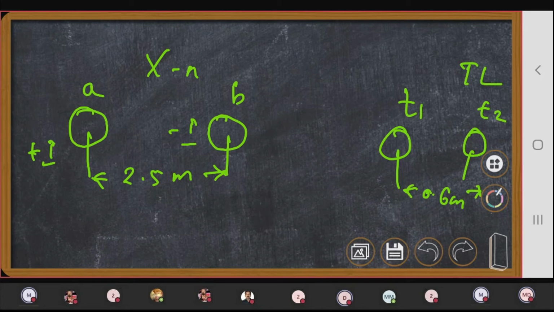From B conductor to T1, or A to T2, you have the separation in a horizontal plane of 20 meter. So this is the actual representation of the transmission line and telephone line.